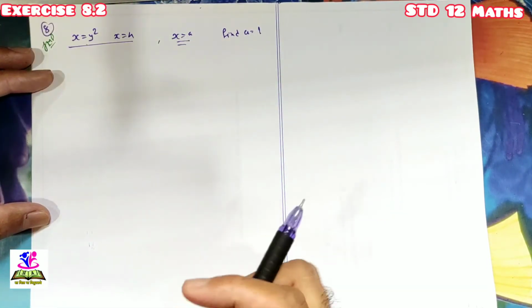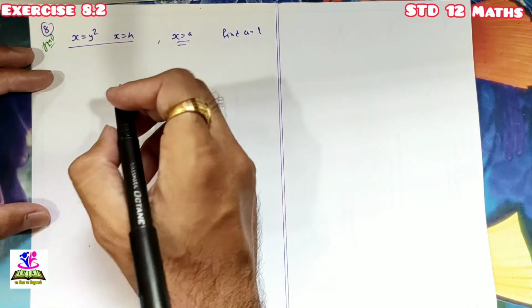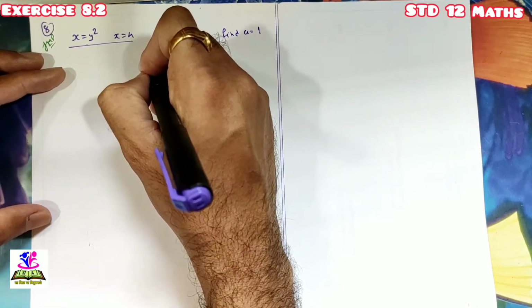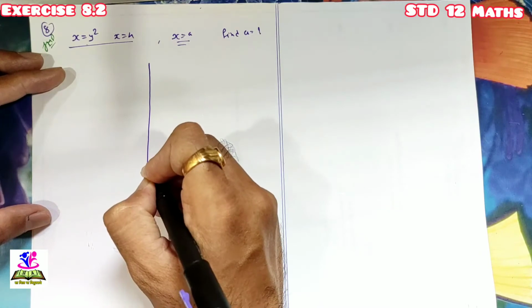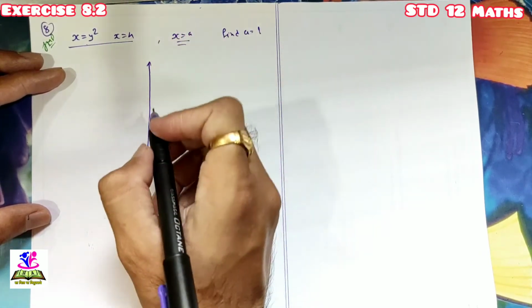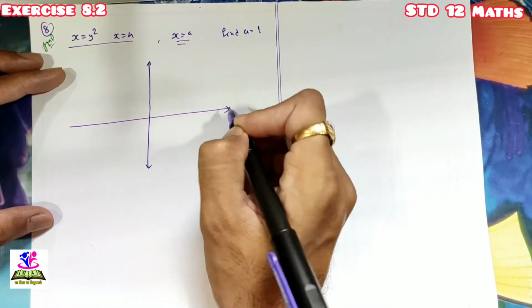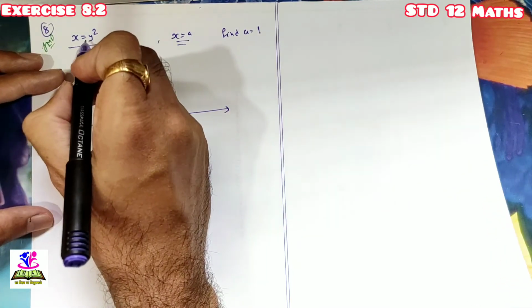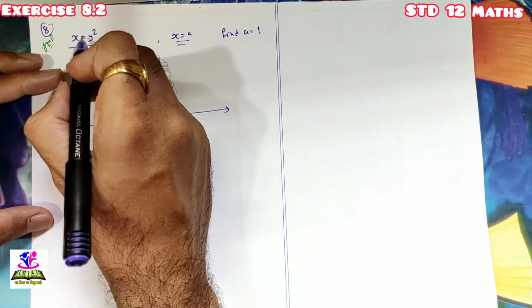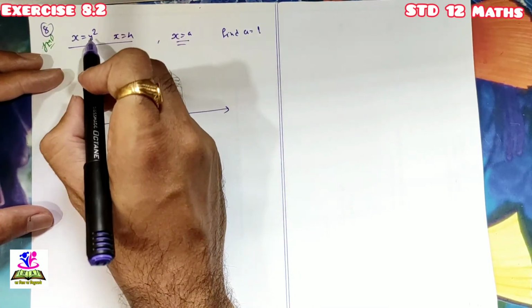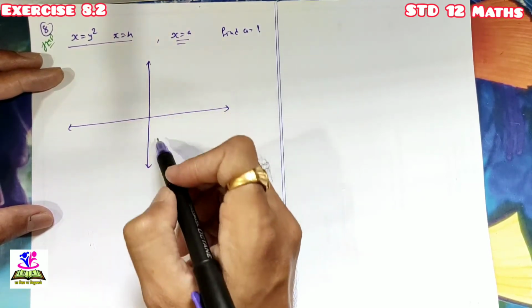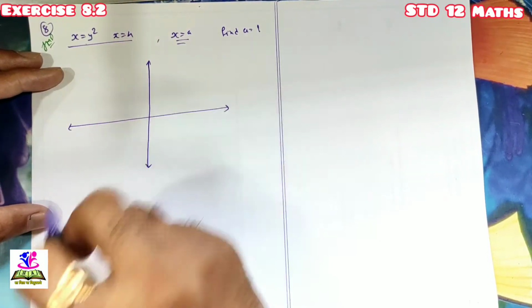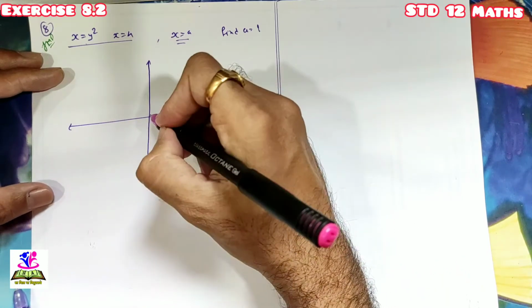So first try to draw the diagram. This is x equal to y square. So y square equal to x, a parabola is there. For plus or minus value of y, x is positive. So our parabola will be like this.